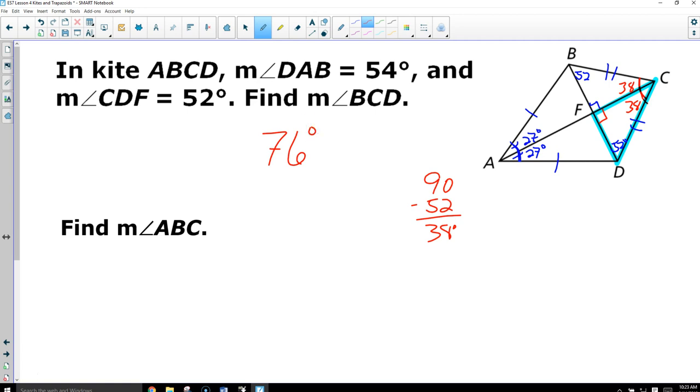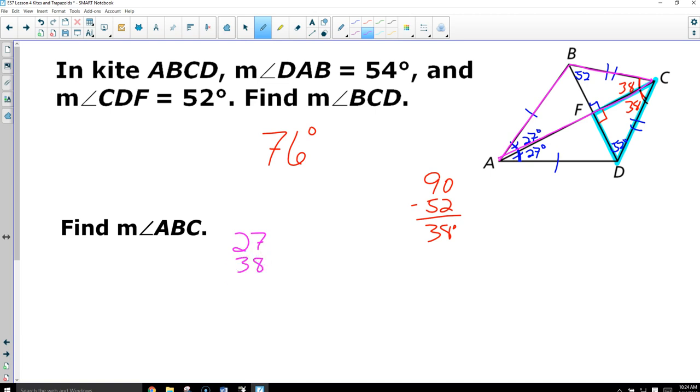Now it asks us for the measure of angle ABC. ABC is that angle there. Well, if I look at this as a triangle this way, so I highlighted a big purple triangle there, I know an angle of 27 degrees, and I know an angle of 38 degrees.